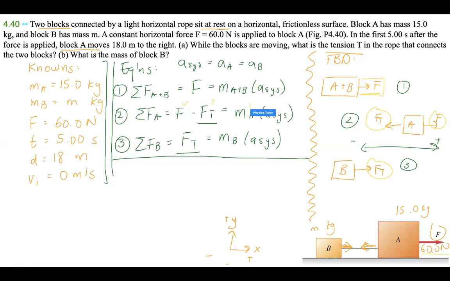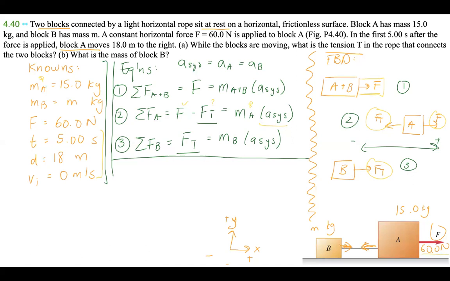Then the acceleration of the system: we don't have that explicitly, but interestingly enough, we have 3 pieces of information that we can use to get acceleration. That's from our kinematics chapter, so we can use our kinematic equations to find the acceleration.